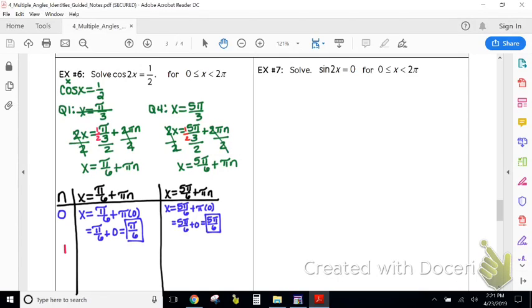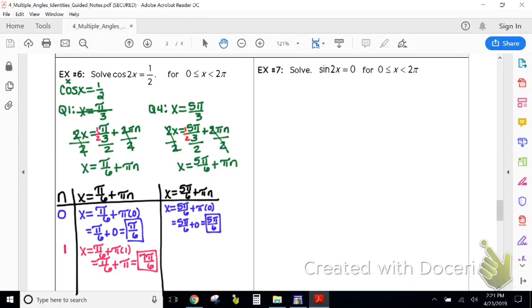Then we're going to plug in n is 1. And so it gives us pi over 6 plus pi, which is? Good. And is that between 0 and 2 pi?